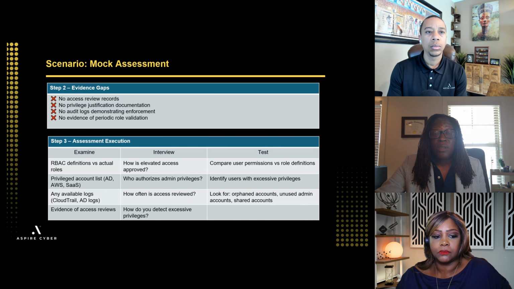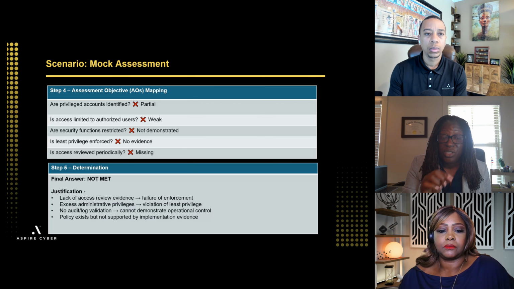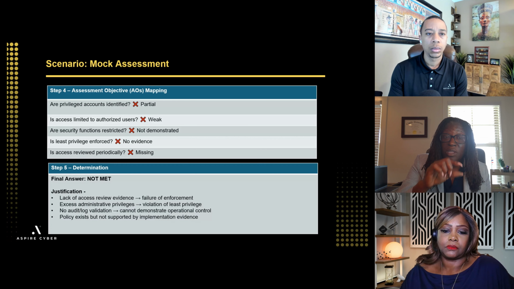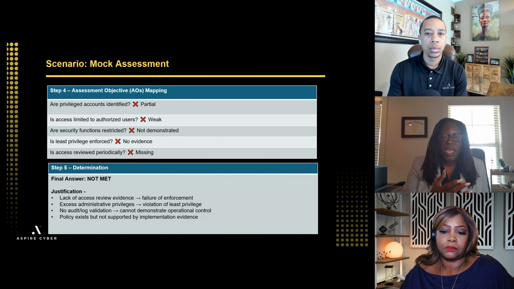And from that information, from what you are examining, looking at NIST 800-171, taking a look at the assessment objectives, now we can determine and ask ourselves some critical questions that are presented in the examine, interview, and test. Maybe under the examine component of 800-171A, one of the questions will be, are the privileged accounts identified?